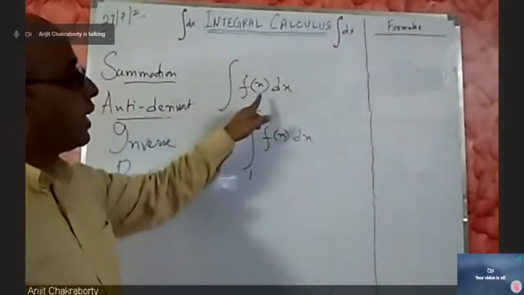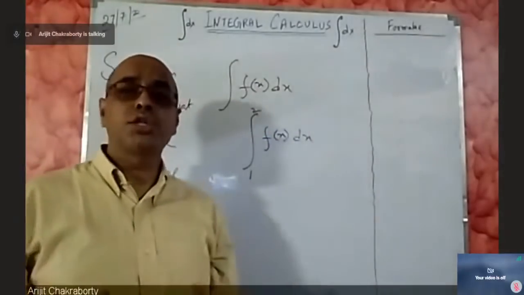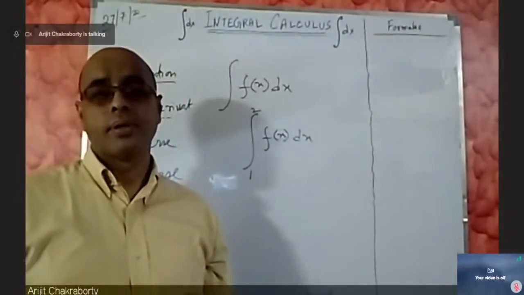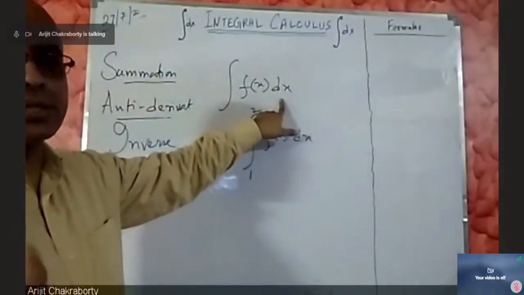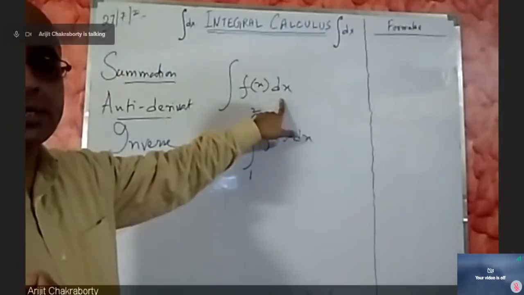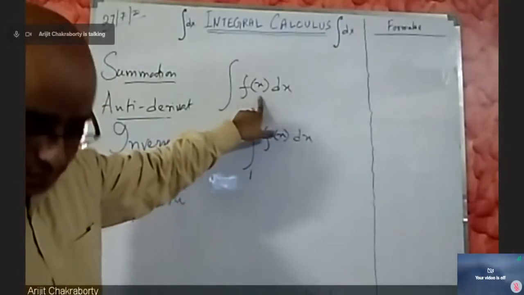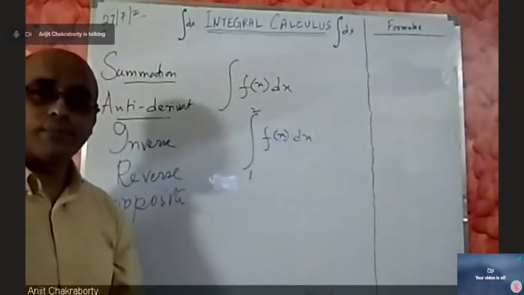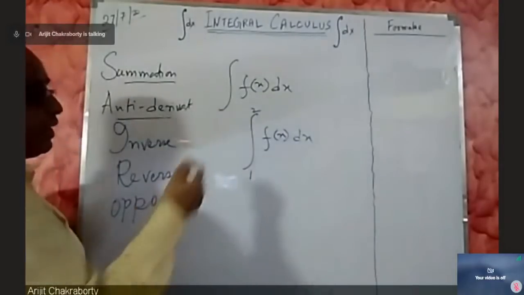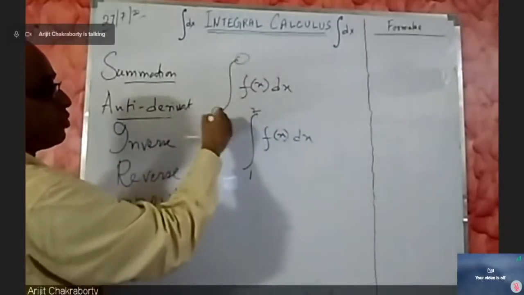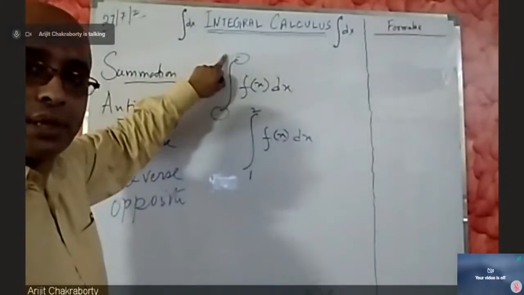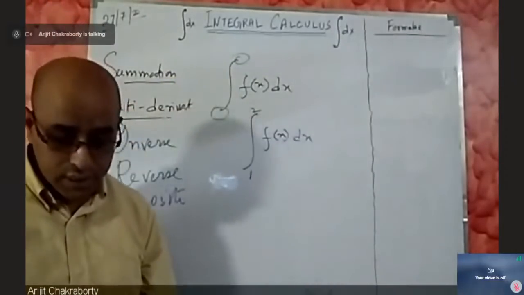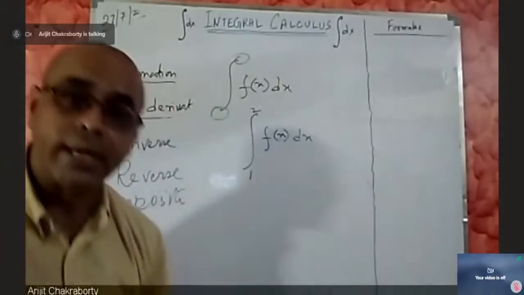That means we are trying to integrate the function f(x), a very small part of the function, f(x) dx. Please note that in this type of integration, we have no numbers at the two ends of the integration sign. This type of integration is known as indefinite integration.